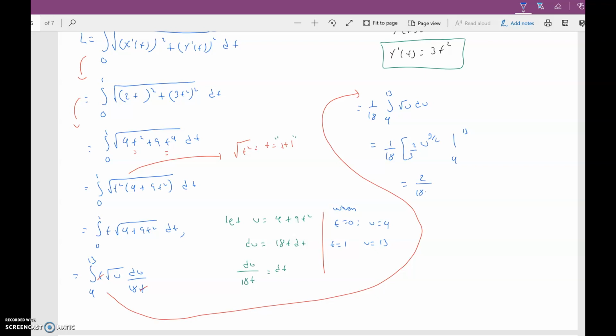I'll simplify this in a minute. And then you're going to have the u to the 3/2 evaluated from 4 to 13. Let me simplify the constant. I'm just going to rewrite it as 2 times 9 times 2 times 3, and I'm just getting 1/27.